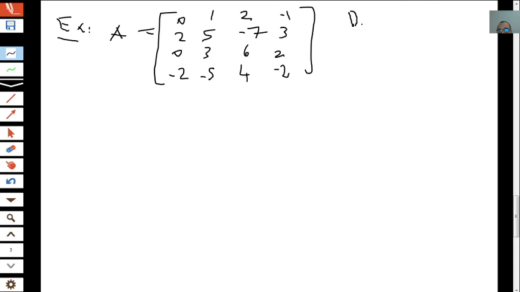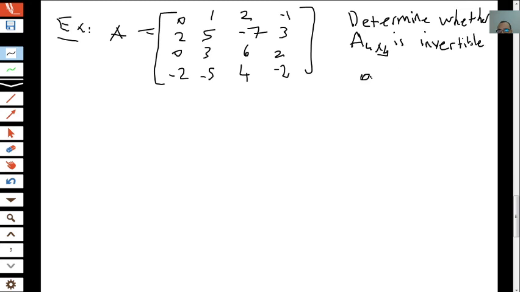Okay, determine whether the matrix A, which is 4 by 4, is invertible or not.